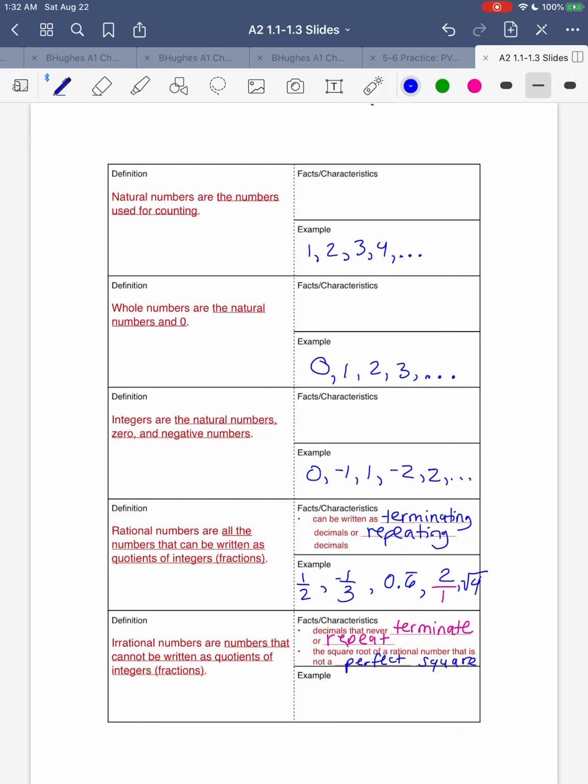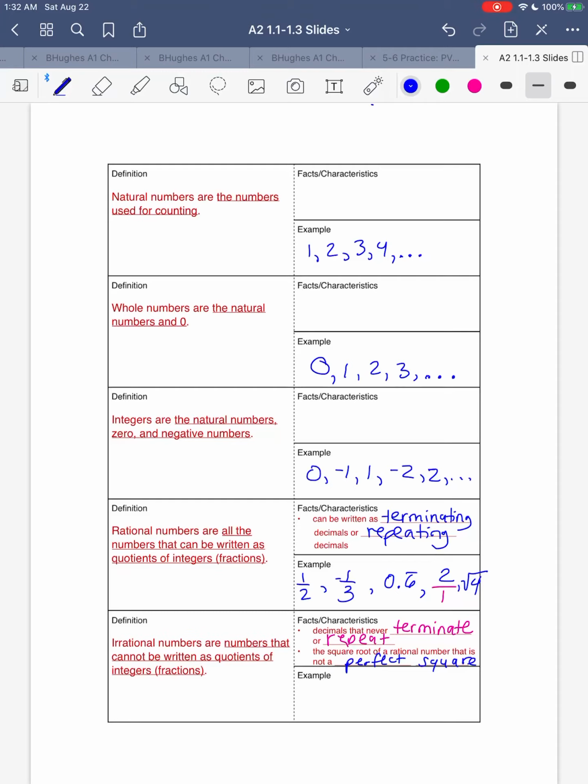Okay, so irrational numbers have decimals that never terminate or repeat, or they are square roots that do not have perfect squares, okay?